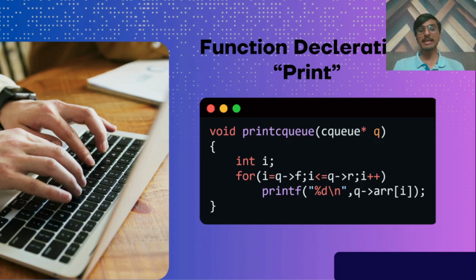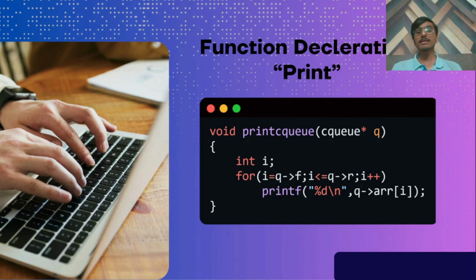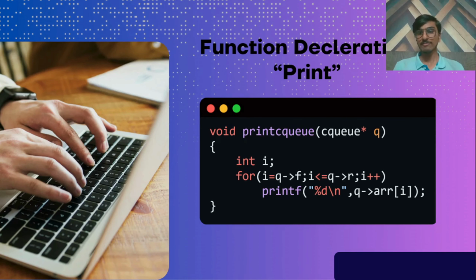In the loop, we will take a variable I, the loop variable, which will be initialized to Q of F, the front position in the circular queue, and it will run till the rear position of the circular queue, and it will increment every time by 1. It will print the ith element in the array, that is the front element.